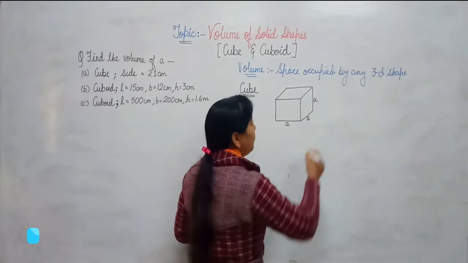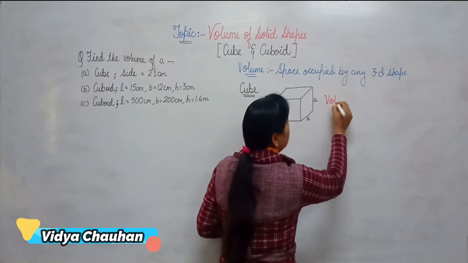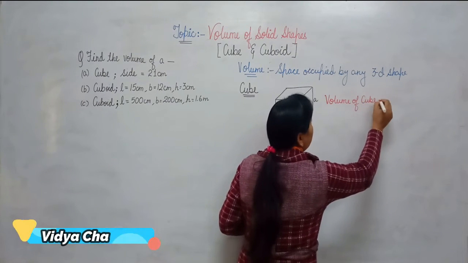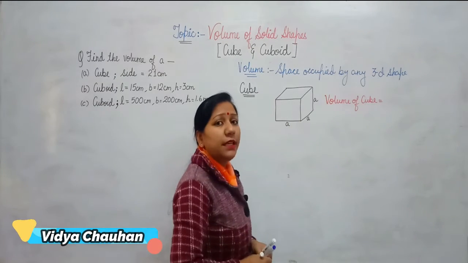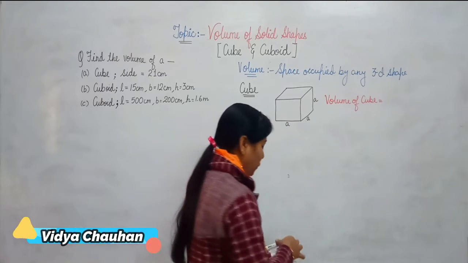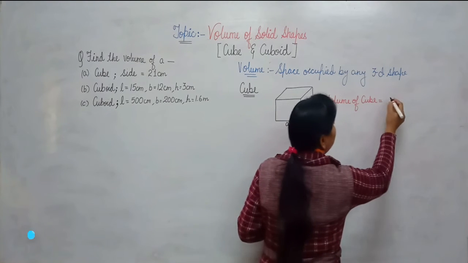If you have to calculate the volume of the cube, the volume of the cube is equal to its length into breadth into height. What is the value for length into breadth into height?